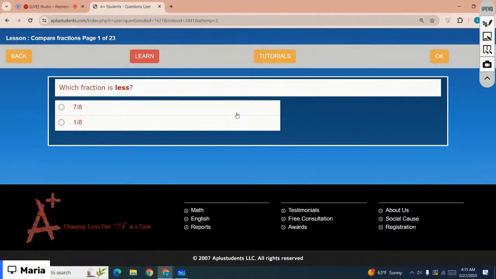So that means 1 by 8 is less than 7 over 8. So the correct option is 1 over 8.